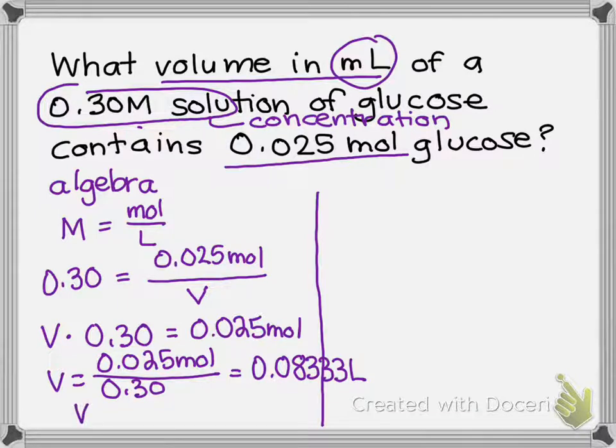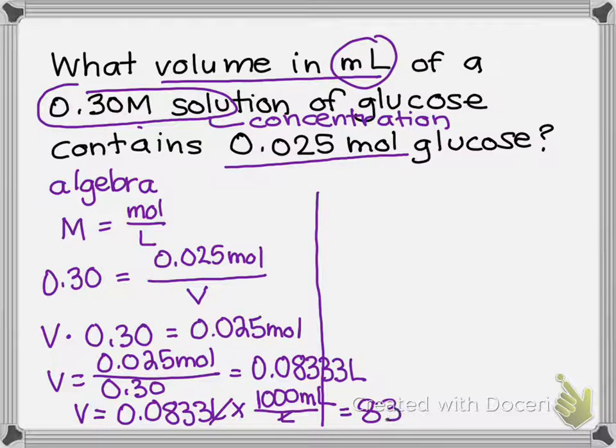To convert it into milliliters, I remember that there's 1,000 milliliters in 1 liter. So in order for the liters to cancel, I multiply it by 1,000, and I get 83.33, but it would just be 2 significant figures, so I get 83 milliliters.